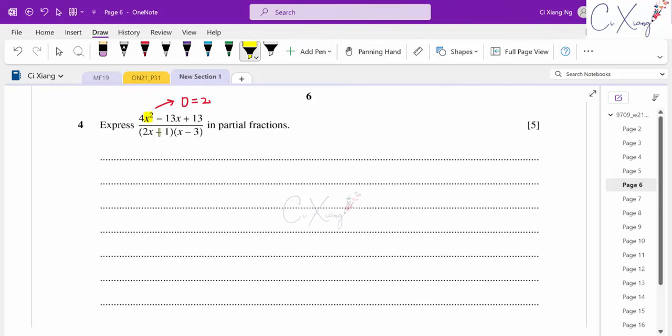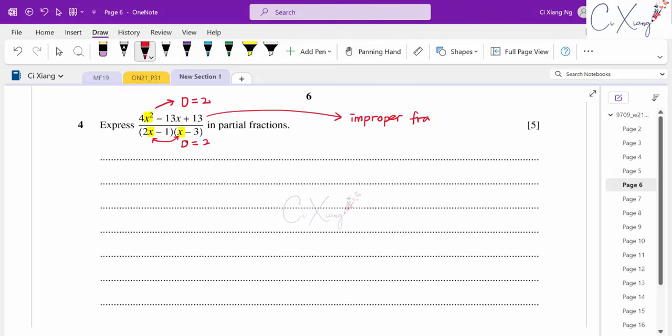For the denominator, if you multiply x and x together, the power that you get is also 2. So the degree for the denominator is also equal to 2. When the degree of the numerator and denominator are equal, or the degree of the numerator is greater than the denominator, we call this kind of fraction an improper fraction.